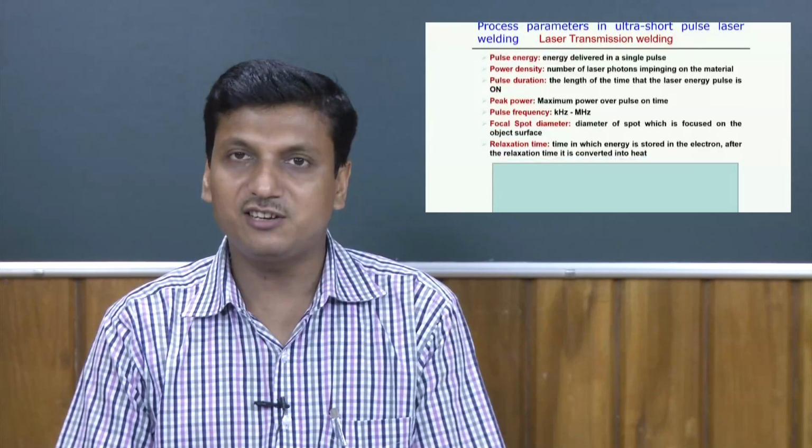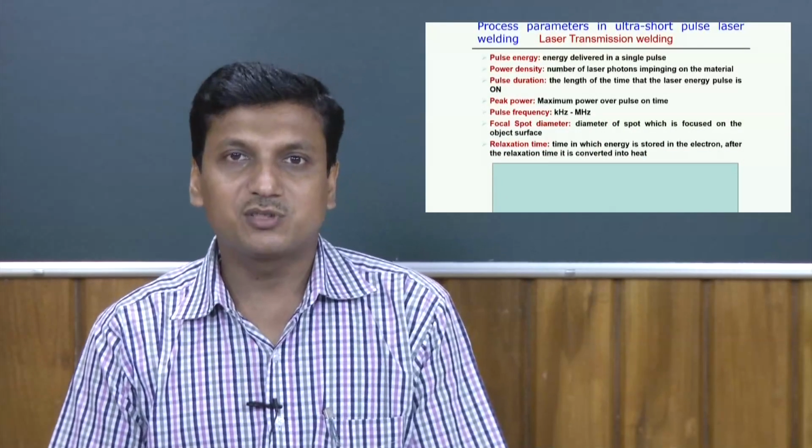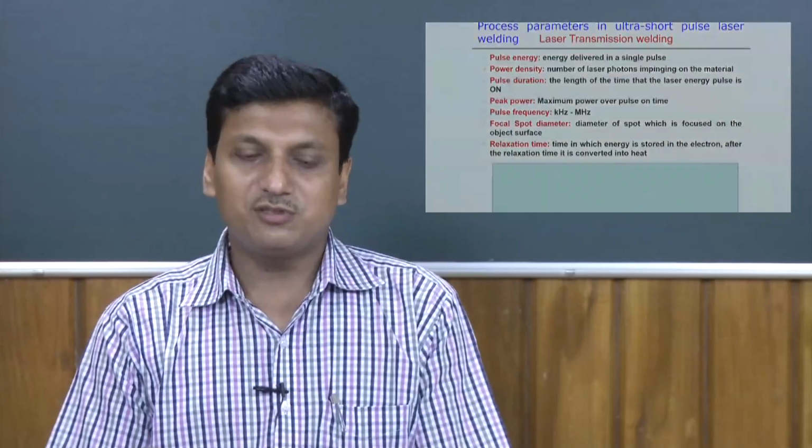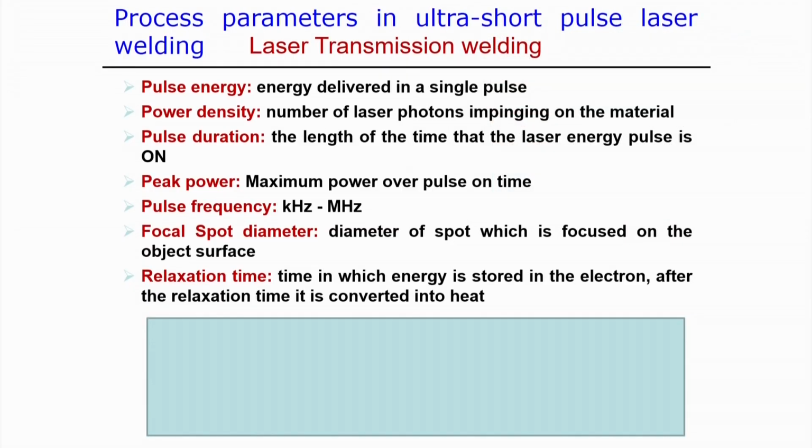Now, what are the process parameters we normally consider in the case of the ultra short pulse laser welding process, and very specifically in the laser transmission welding process? Here, pulse energy is the energy delivered in a single pulse.